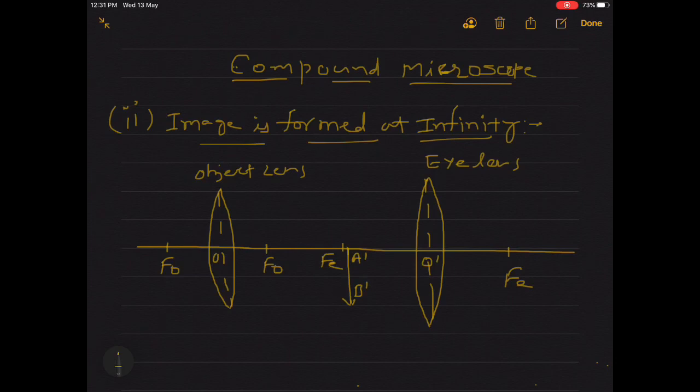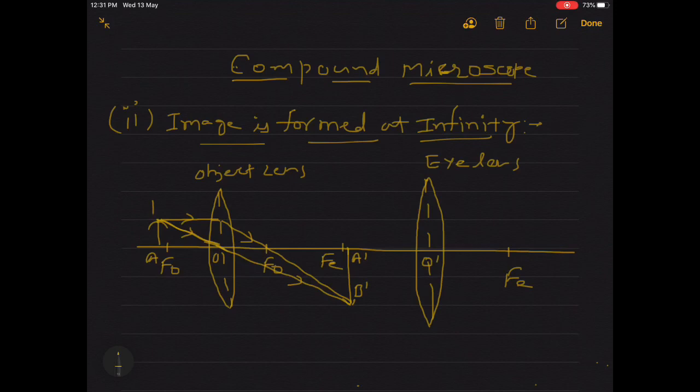So for the purpose we will have two rays. One is passing through the optical center that goes straight, and another one is parallel to principal axis that passes through the focus.